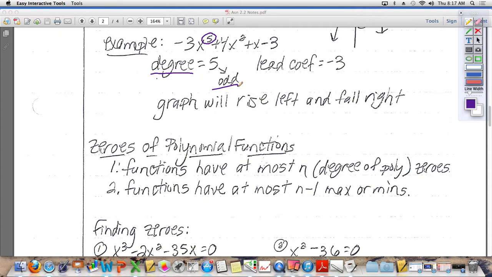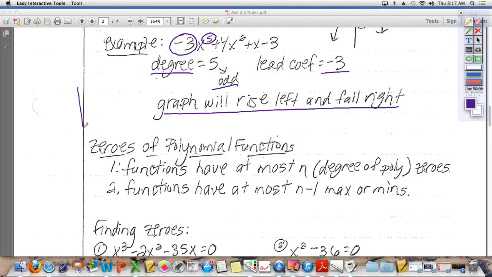The lead coefficient is always the number in front of the term with the highest power. So we know it's degree 5. We look at the lead coefficient. The lead coefficient is negative 3. Because the degree is odd and the lead coefficient is negative, if you look back at your notes, it should tell you that the graph will rise left and fall right.